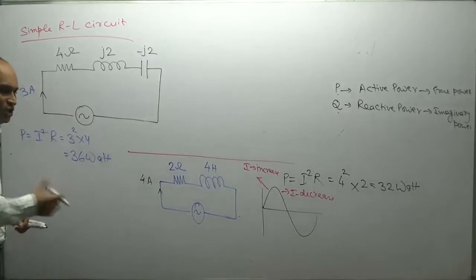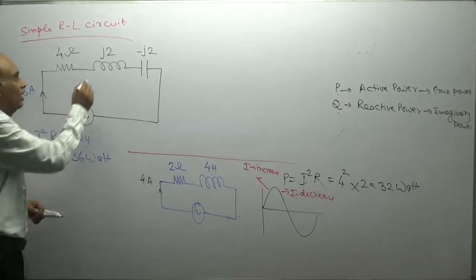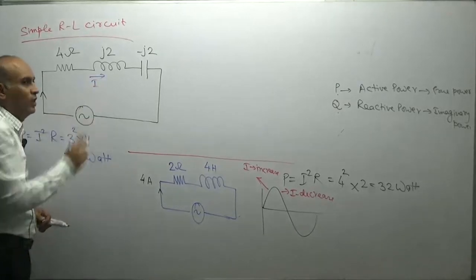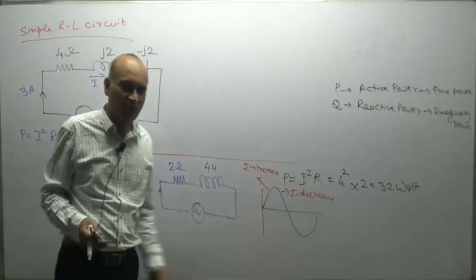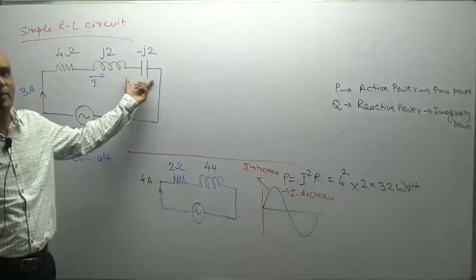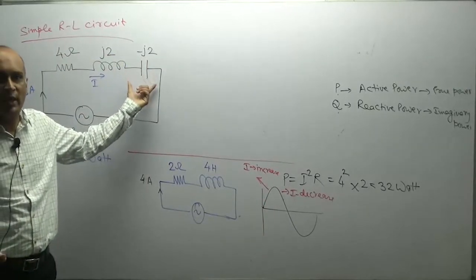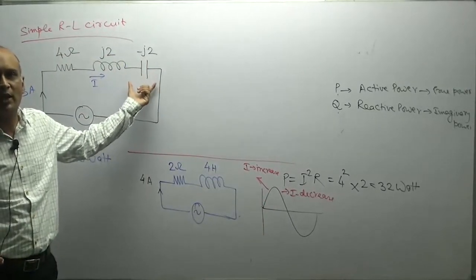Current is continuously changing in this circuit, which means the current through the inductor is continuously changing. The voltage across the capacitor is also continuously changing.